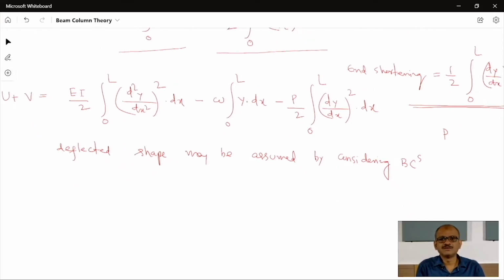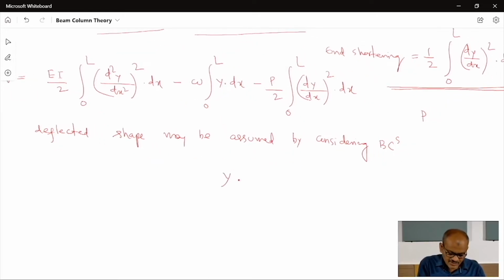That is, bending moment at the end is equal to 0, and deflection is equal to 0. So, we will have to assume a sine function, so that if we do double differentiation, it automatically comes as sine again. So, bending moment will be 0. So, the best thing is to assume y is equal to delta sine pi x by L. This is the assumed shape function.